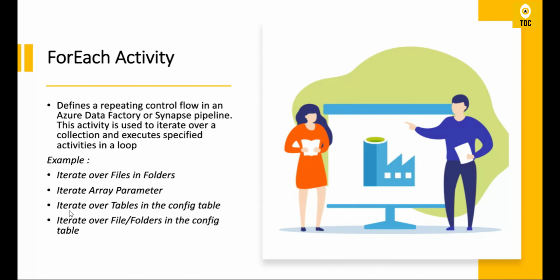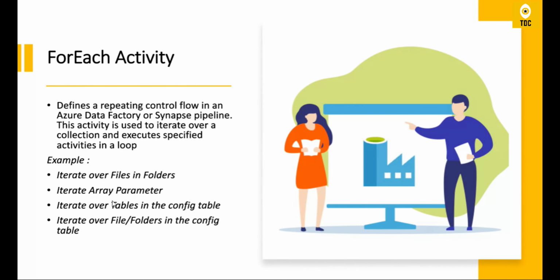And if you want to iterate over a config table where you are storing the tables, suppose you have 10 tables and you want to copy all the 10 tables' data as files to your blob storage or data lake storage, you will have only one copy activity placed within a For Each activity, which takes input from the config table.